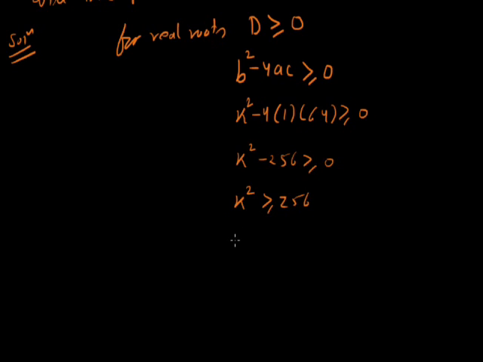So it is possible only when k is greater than or equal to 16, or k is less than or equal to minus 16. Why? Because 16 square is 256.